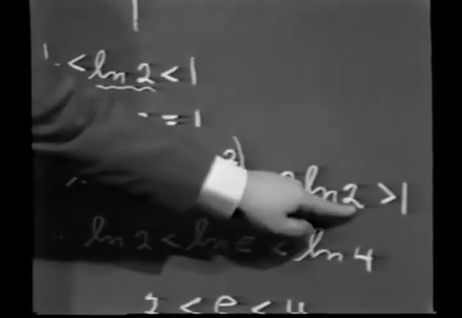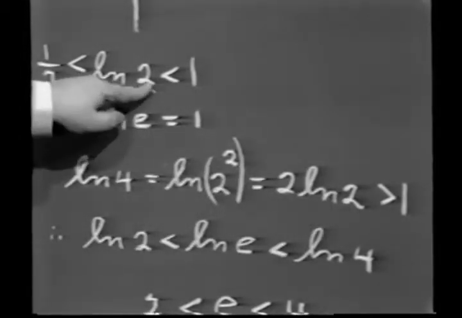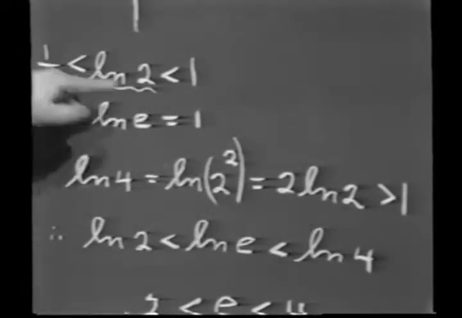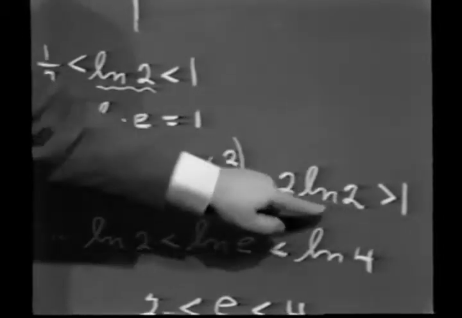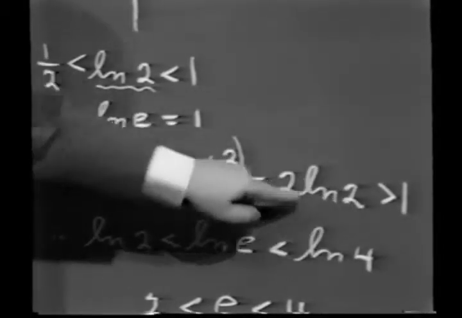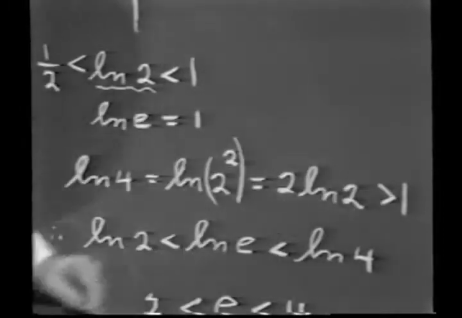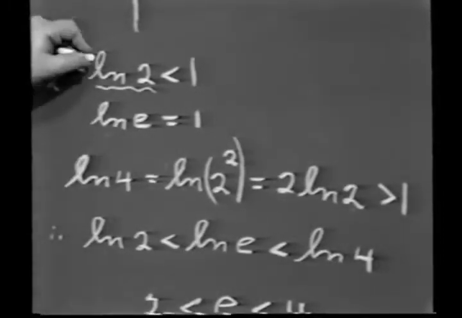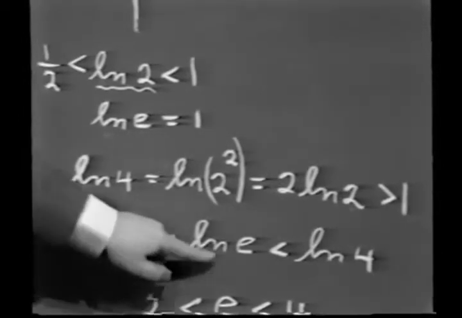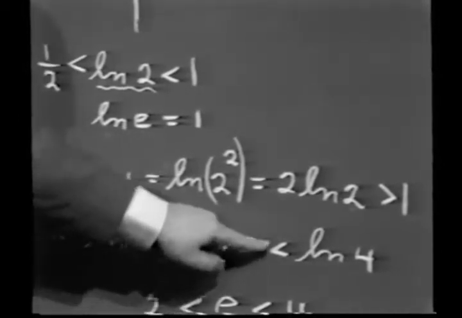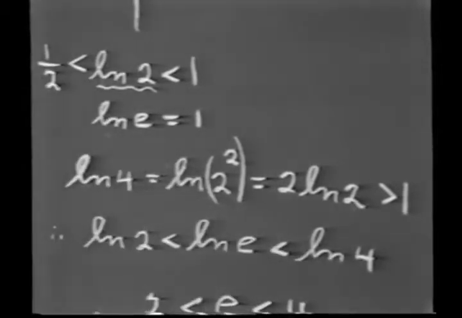This becomes 2 log 2, and because the natural log of 2 is greater than 1/2, twice the natural log of 2 is more than 1. In other words, if we put these three lines together, we have that the natural log of 2 is less than the natural log of e, which in turn is less than the natural log of 4.